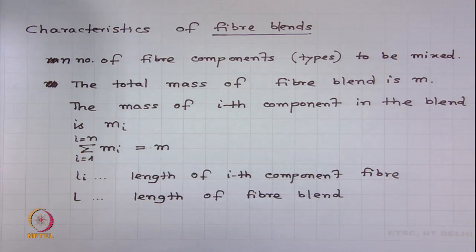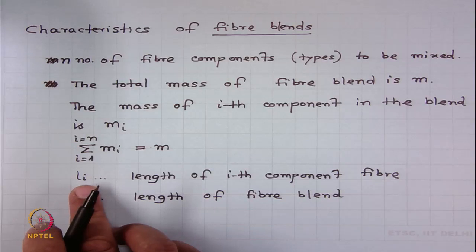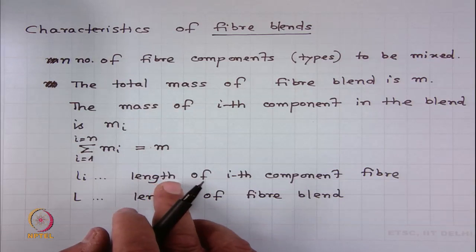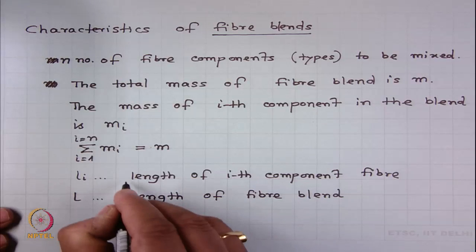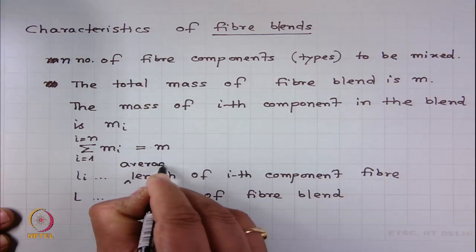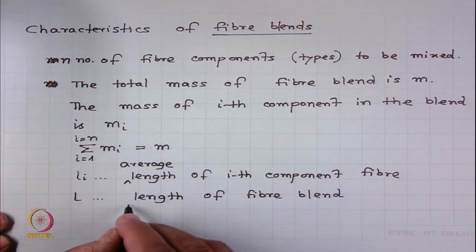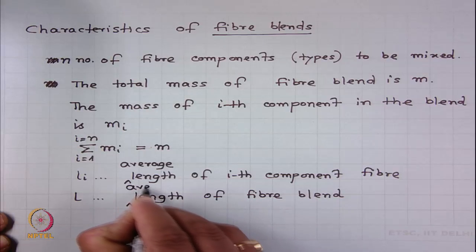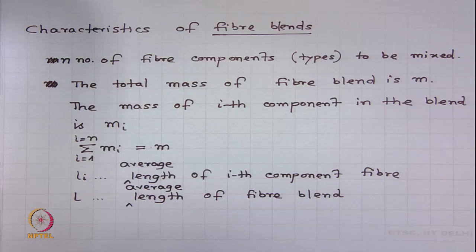Now, here this L subscript I actually denotes the average length of ith component fiber. To be very precise, this is the average length of ith component fiber. Similarly, small l denotes the average length of fiber blend.